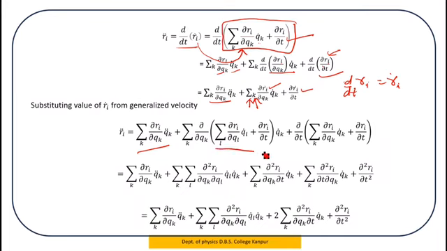The variation is taken in this summation l, with no change in the value after expansion. The value of this and the value of this will be seen after expansion: ∂ by ∂t of ri dot. Further differentiating, you will get this, and this is the generalized acceleration.